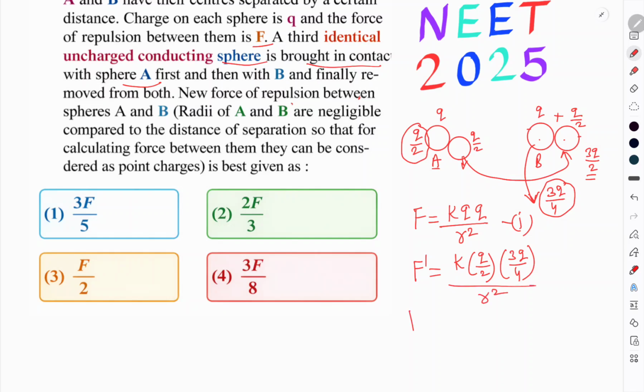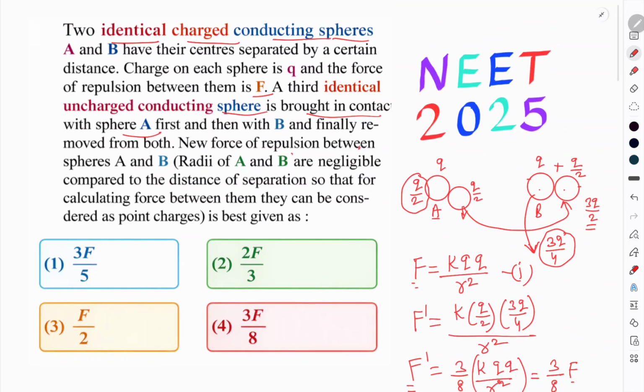So F dash will be 3 by 8 times k q upon r square. And what was k q upon r square? That was F. So the new force will be 3 by 8 F.